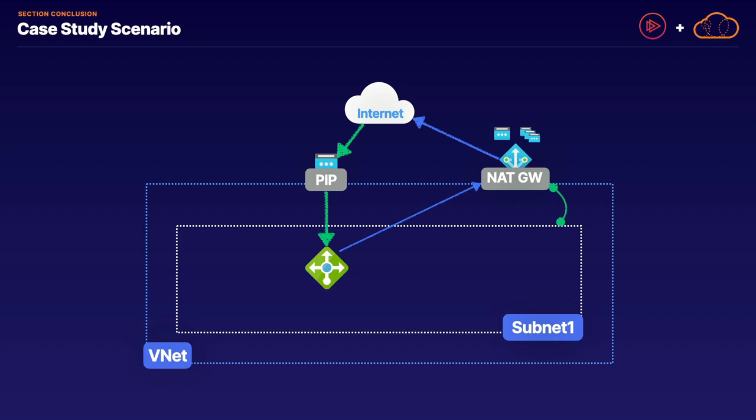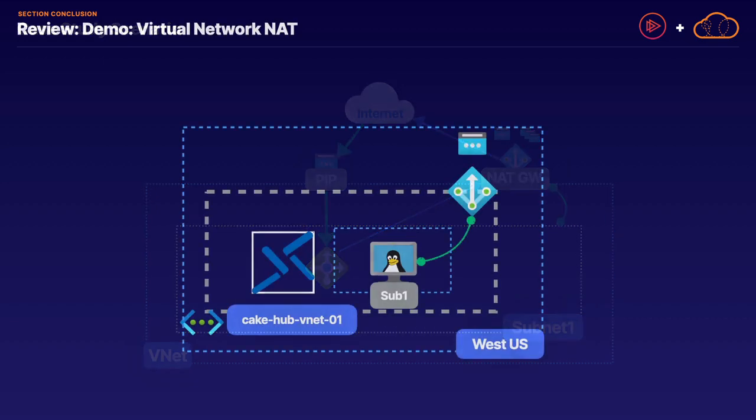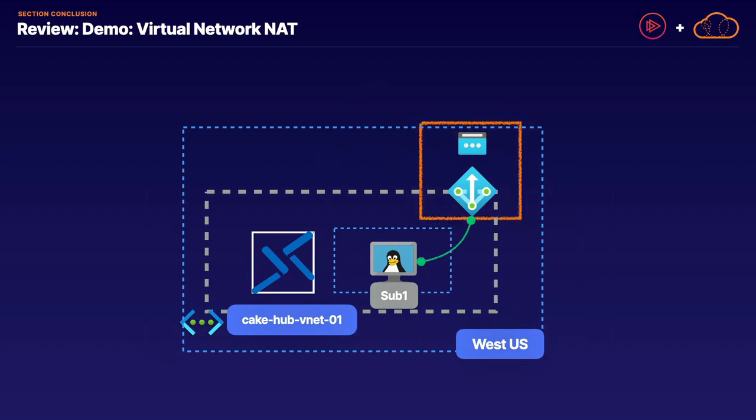Now let's review that demonstration that we talked about where we had our virtual network NAT Gateway that we implemented by creating that NAT Gateway and its public IP address and associating it with that subnet where our resource existed. Now, if you remember, we had that Bastion resource for our subnet, and we used that to access that virtual machine.